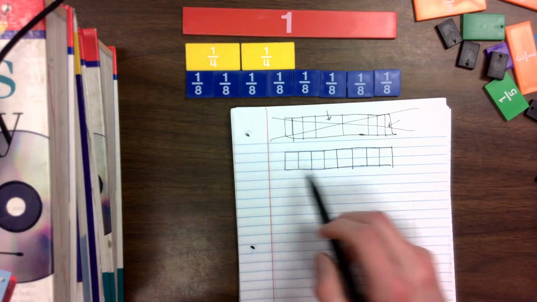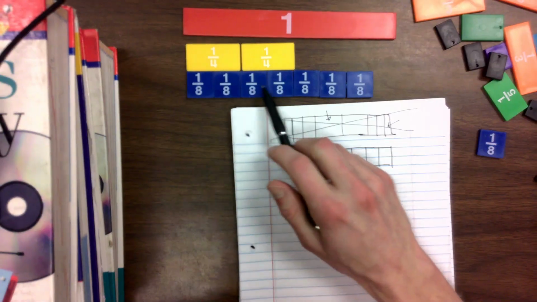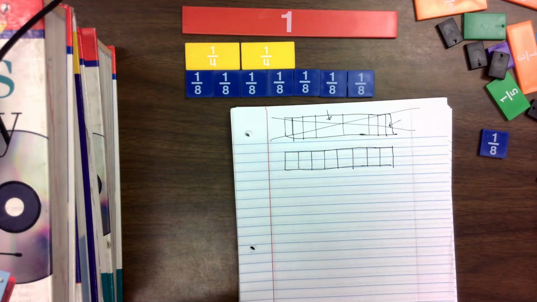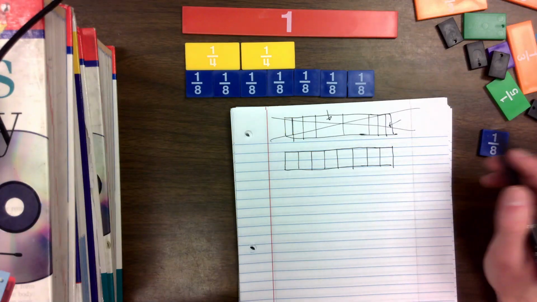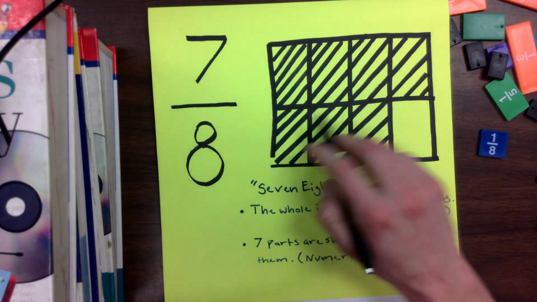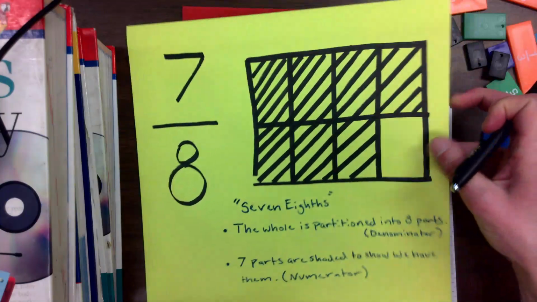This is pretty good. So we have 8 parts total, but we only need 7 of them. 1, 2, 3, 4, 5, 6, 7, because we're making 7/8. So what you can do is just shade these in. It doesn't have to be perfect shading. I took my time on this one because I was going to use it as an example, and hopefully it's hanging on the wall right now and hasn't fallen yet.